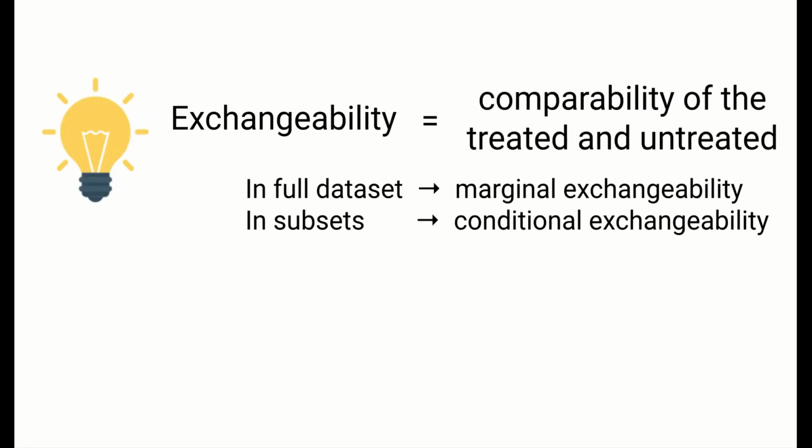To summarize, you can think of exchangeability as comparability of the treated and untreated, specifically comparability of the observed outcomes. When we endeavor to make causal inferences, we make the assumption that some form of exchangeability will hold. Generally, this will be conditional rather than marginal exchangeability. That is, we hope to measure the right set of variables such that conditional on those variables, exchangeability will hold.